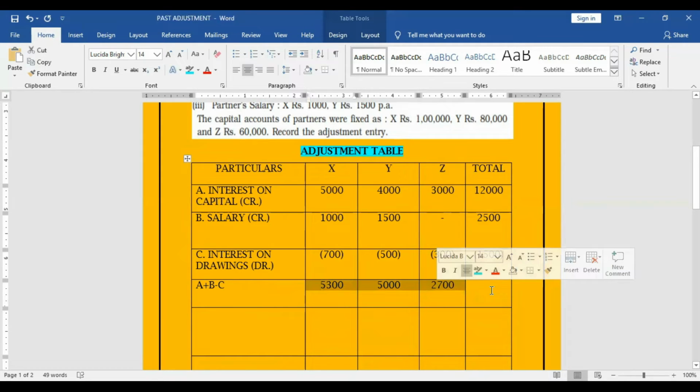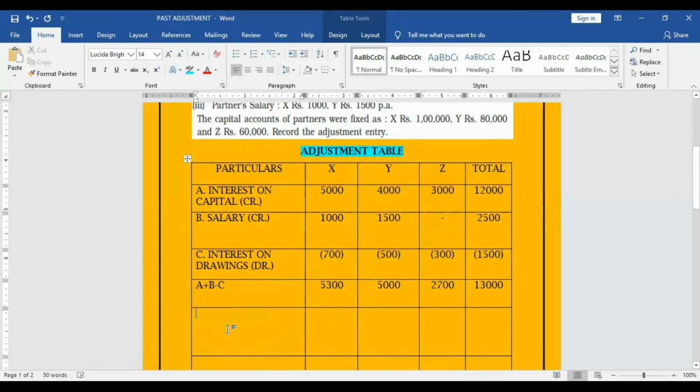So 5000 plus 5000, 10,000 plus 2000, 12,000. That means now for X 5300, for Y 5000, Z 2700, put together it is 13,000.